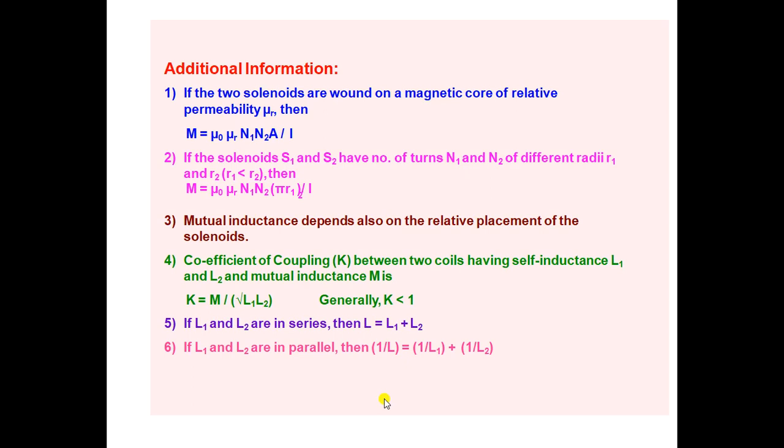Generally K is less than 1. If L1 and L2 are in series, then L is equal to L1 plus L2, and if L1 and L2 are in parallel, then 1 by L is equal to 1 by L1 plus 1 by L2.